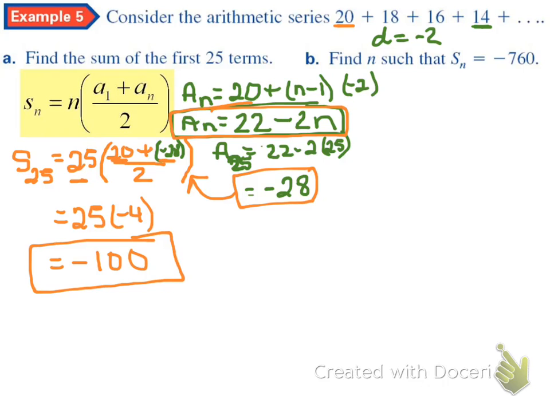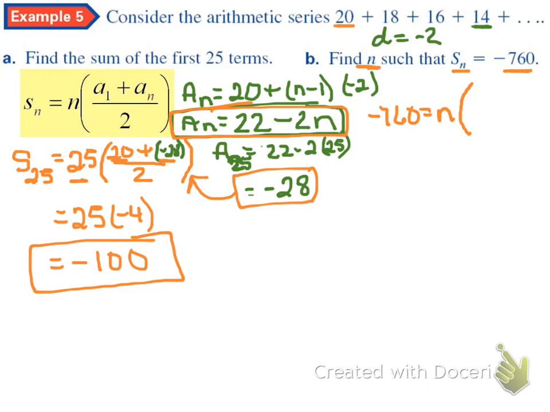And in B, we want to find which term, that's what the n stands for, would give us the sum of negative 760. So the sum is negative 760. Remember, the sum is the number of terms times the average of the first and last term.